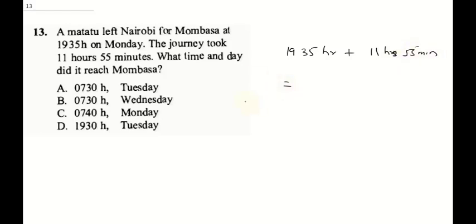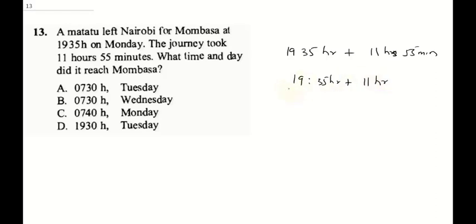Now, in order to sum this up, when you do 19 hours plus 11, you need to know that this will take you to the next day. Since it's going to be confusing, let's add 11 hours first.